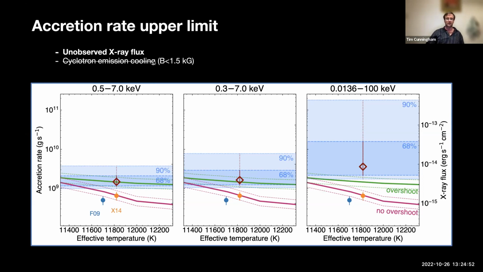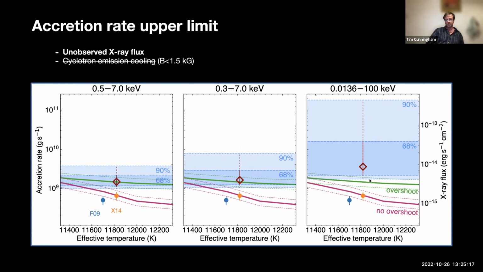We can pretty much rule out any flux in the radio, because there's an upper limit of 1.5 kilogauss on the magnetic field of this object. So we predict negligible cyclotron emission cooling. But the greater source of uncertainty is how much flux is carried in the extreme ultraviolet.